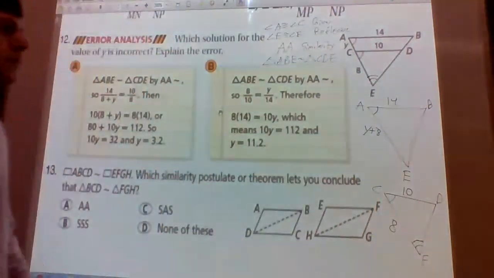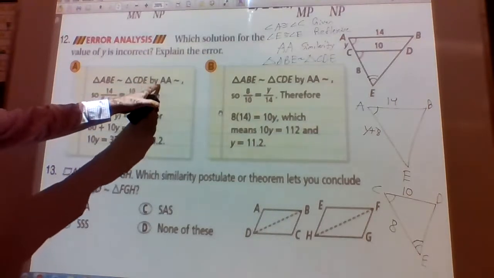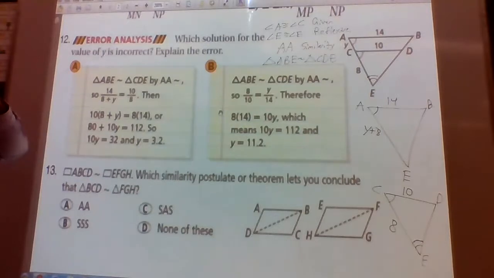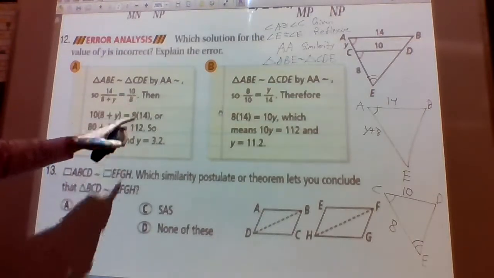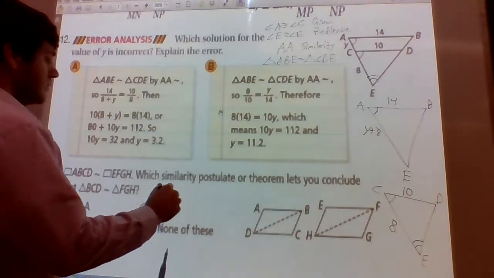Okay, let's see what they did. So in example A, we have triangle ABE is similar to triangle CDE by angle similarity. So 14 over 8, y plus 8 is going to equal 10 over 8. Okay, that's going to work.